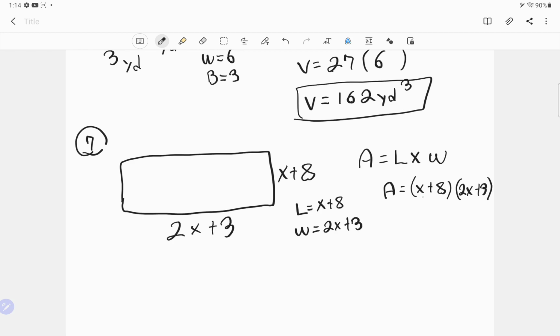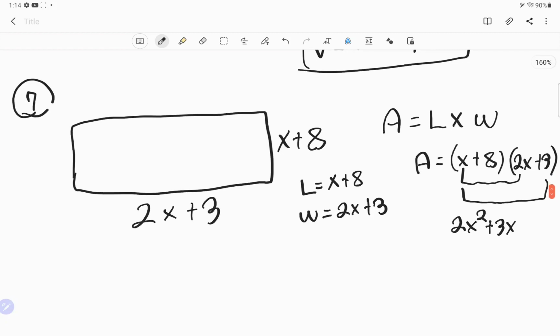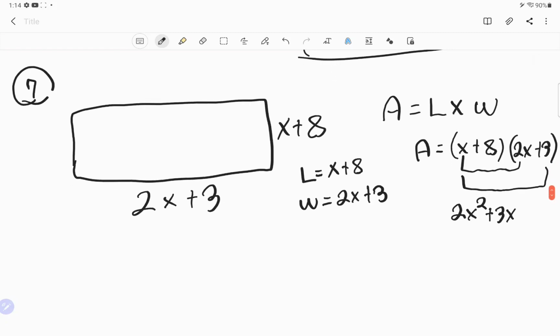I'm going to do what we did in class. So I'm going to grab this one, multiply with the first one, and then grab this one, multiply with the second one. So x times 2x is going to give me 2x squared. Now x times 3 is going to be plus 3x. And then I'm going to grab 8 and multiply by that.